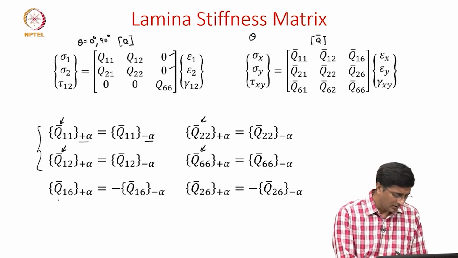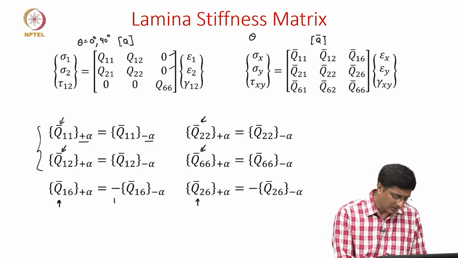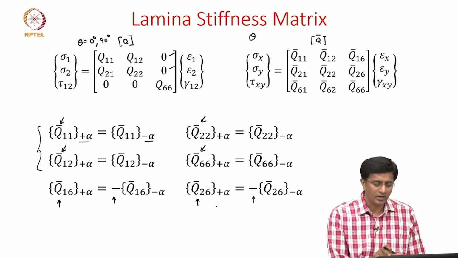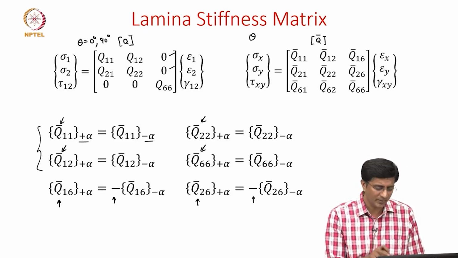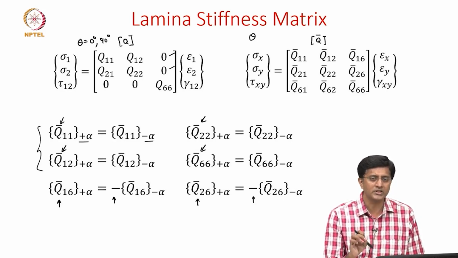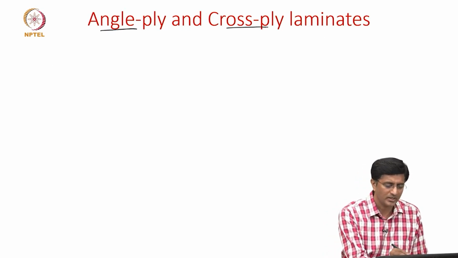But when we look at Q16 and Q26, we notice that the magnitudes are the same, but there is a difference in the sign. We emphasize this because when we look at some special laminates, we will use this property to show that some of the couplings either exist or do not exist.